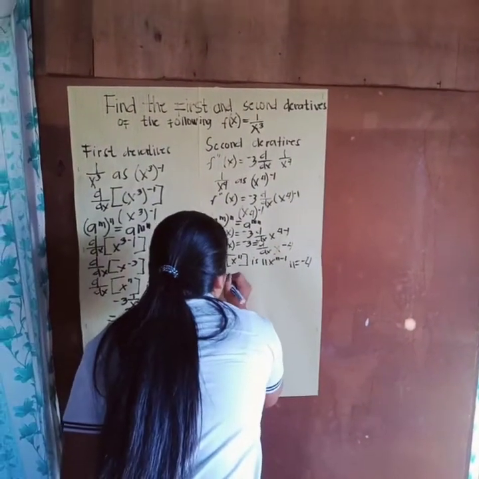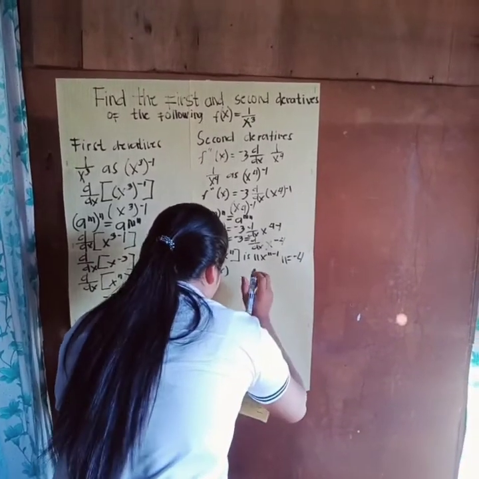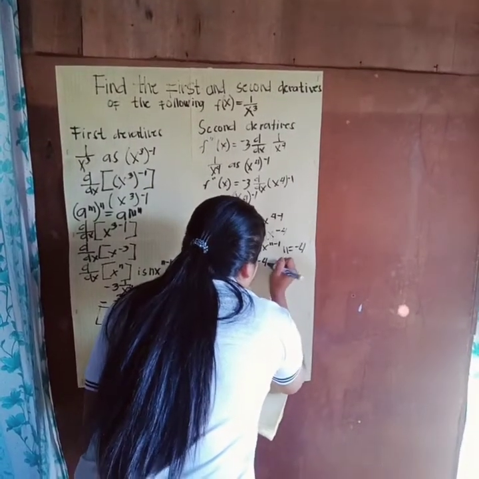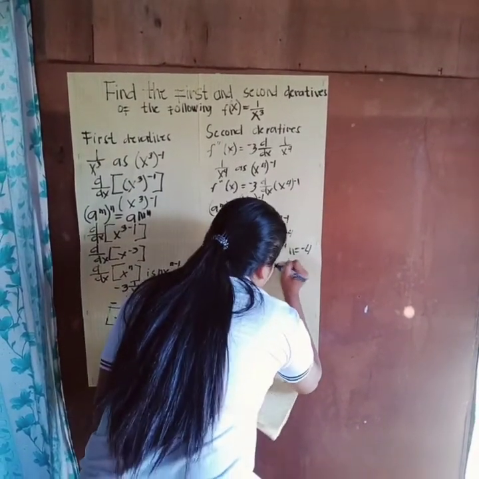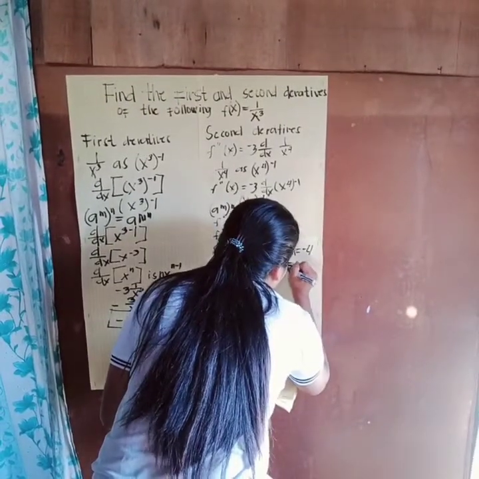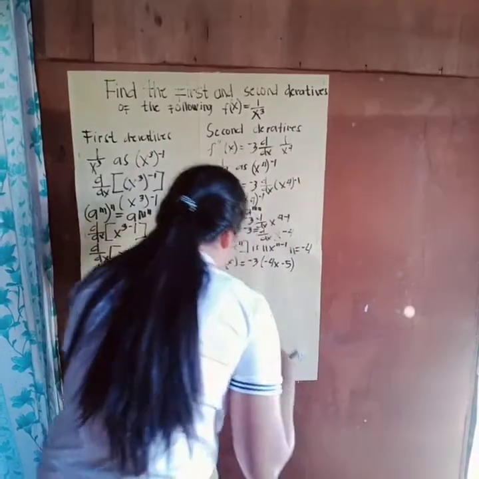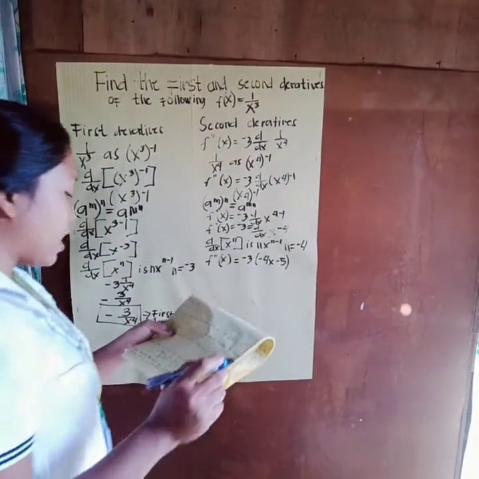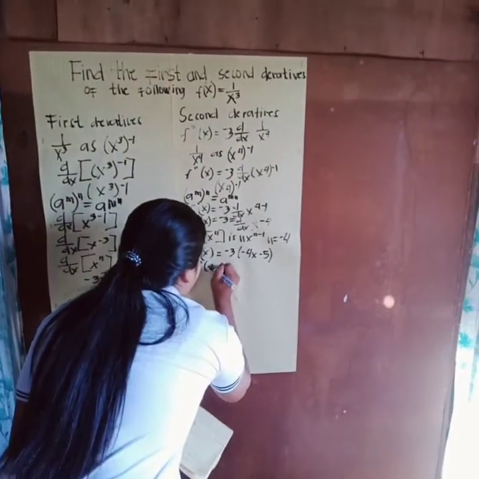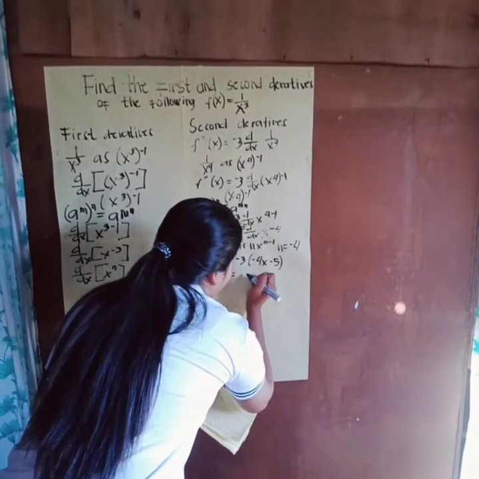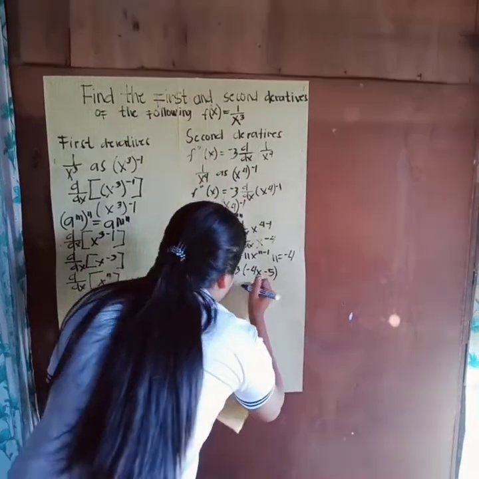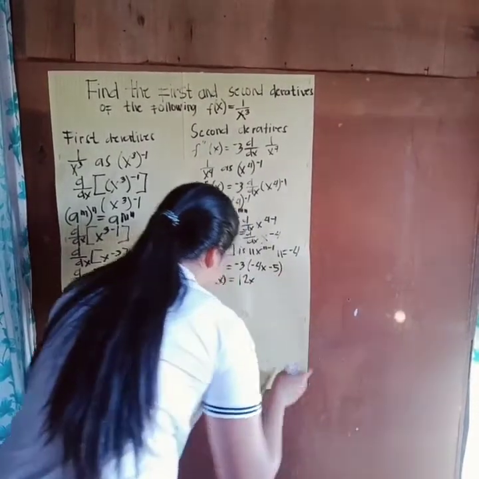f double prime of x is equal to negative 3 times negative 4 x to the negative 5. So multiply negative 4 by negative 3, so our f double prime of x is equal to 12 x to the negative 5.